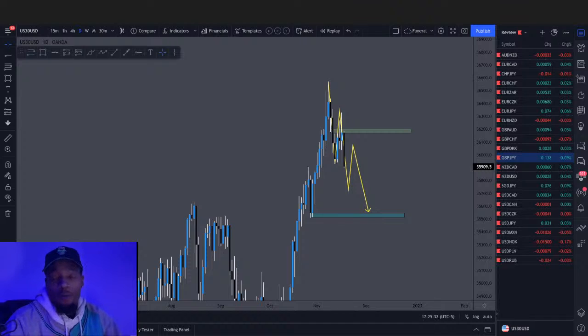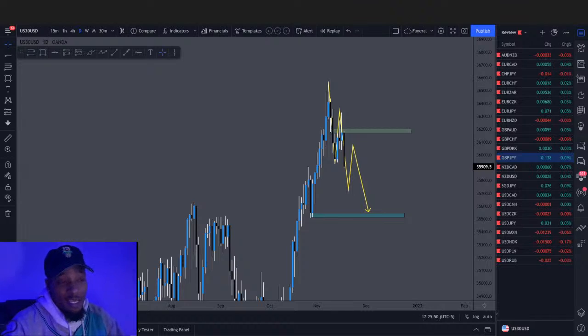Learn to trade the chart. Don't worry about what pair is in the top left corner. Worry about what's on the screen. Most of these pairs, it doesn't matter. I trade what I see on the chart.